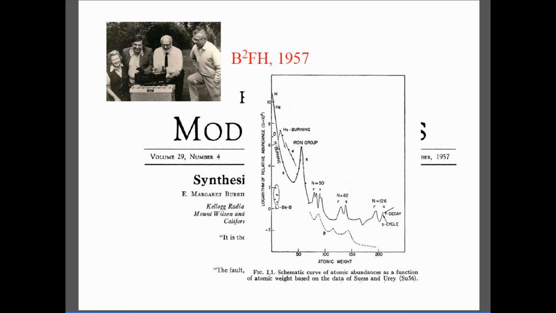Burbidge, Fowler, and Hoyle, the sort of Bible of nuclear astrophysics. In fact, the first figure in this paper is probably the most famous and well-known plot of nuclear astrophysics. It plots the abundance of the elements on a logarithmic scale versus the atomic mass.